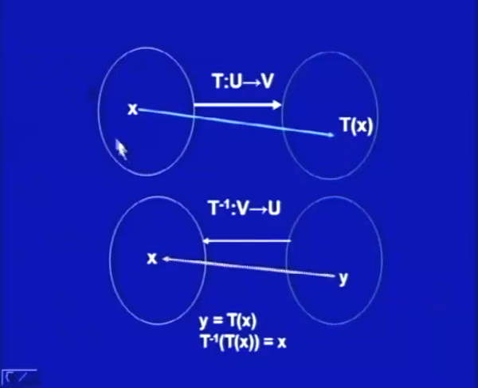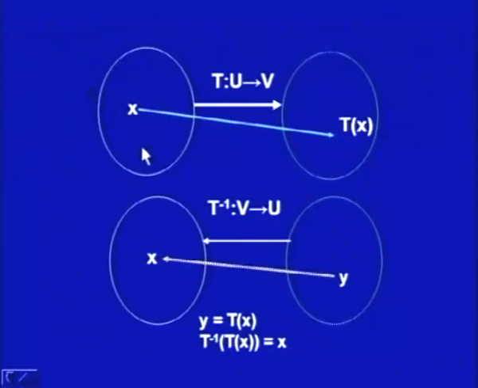This I illustrate with the help of this diagram. Here I have two vector spaces U and V. T is a transformation which takes x to Tx. Now, T inverse is a transformation which will take y to x. Since T is a transformation, T has to be non-singular, that means only one element.